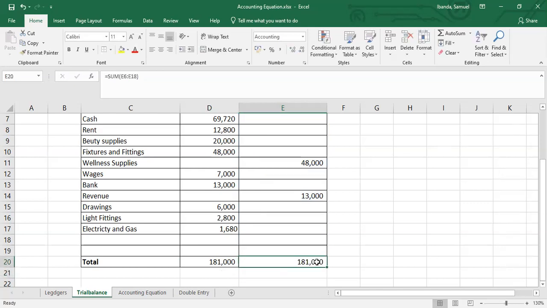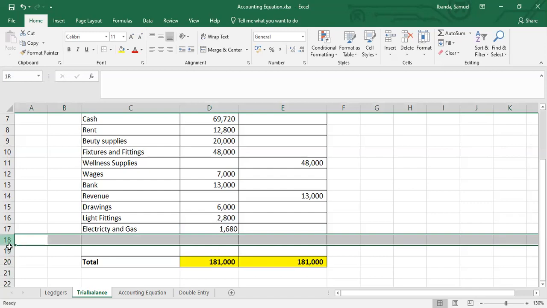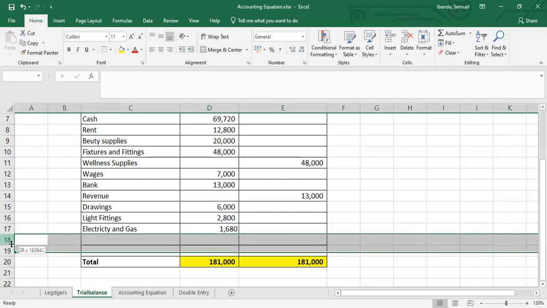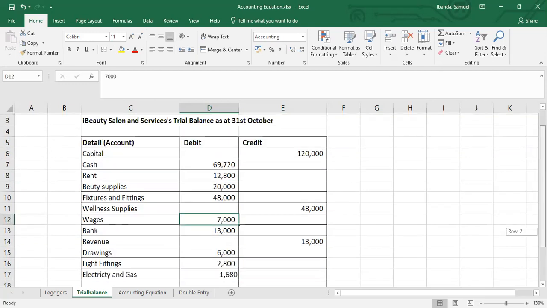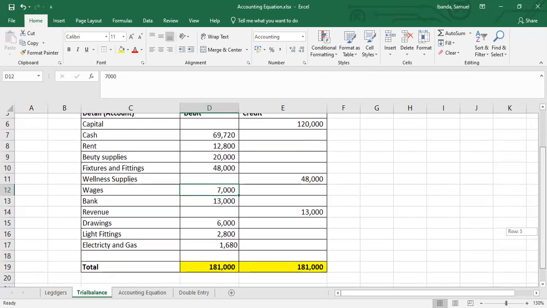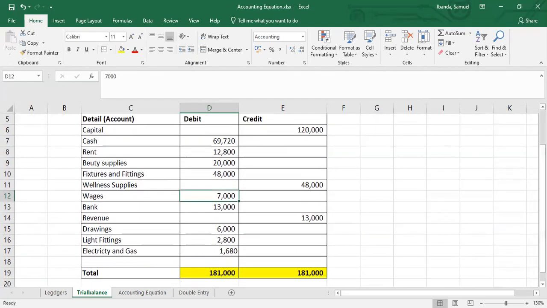So you can see the total of this column is 181. Maybe you can use your calculator. I just used Excel here. And the total here is also the same. In this case, you can count yourself as having been able to calculate and have your trial balance rightly there.